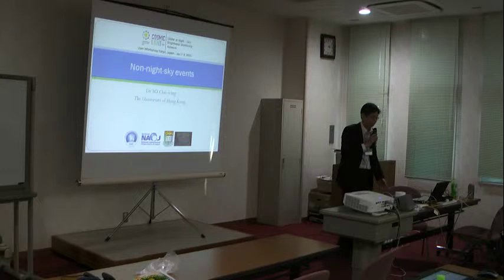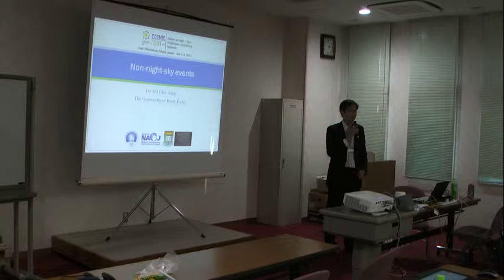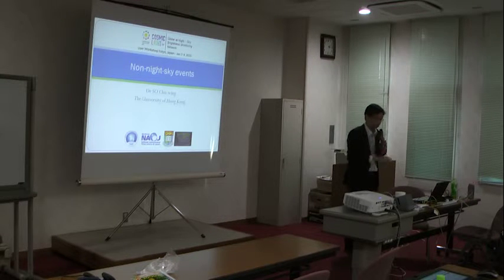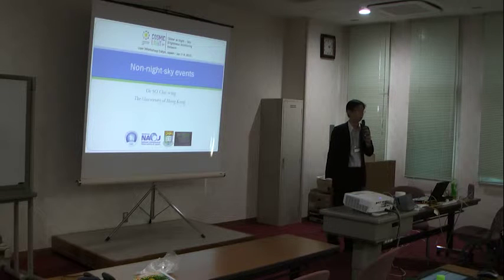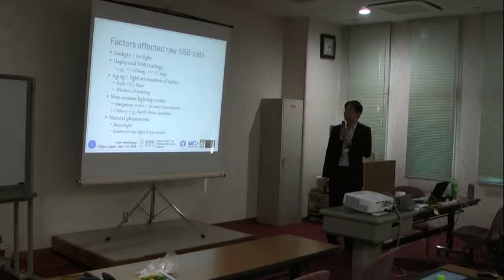Okay, before I end this section, I would like to share with all of you the topic of so-called long-term night sky events. We talked about this this morning, right? I will show you how to deal with each component one by one. Remember, we have some factors affecting the raw NSB reading: sunlight, physical readings that are very small or very large, the aging of the optical components, long routine lighting events, and some natural phenomena.